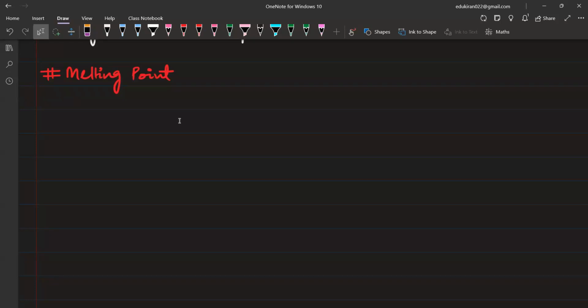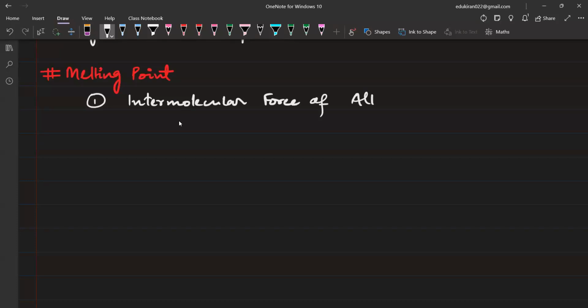But when we look at melting point, there are two main factors. The first one is obviously intermolecular force of attraction, like what kind of attraction is there, that means polar or non-polar. But the second, and sometimes quite important, is the packing.